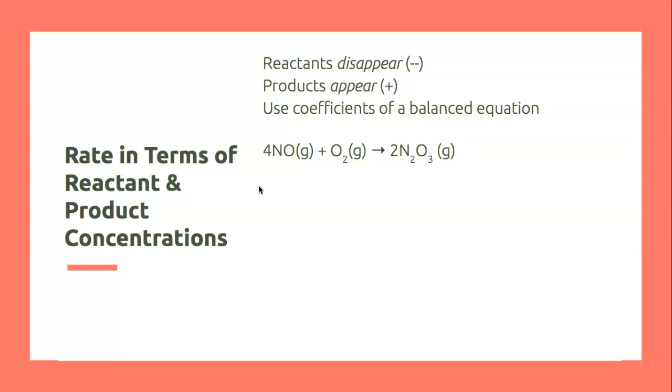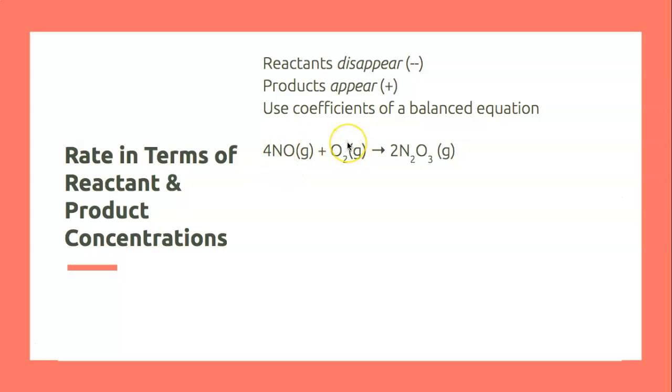So let's look at this. If we've got nitric oxide reacting with oxygen gas to form dinitrogen oxide, we are going to be able to relate those together by using their coefficients.